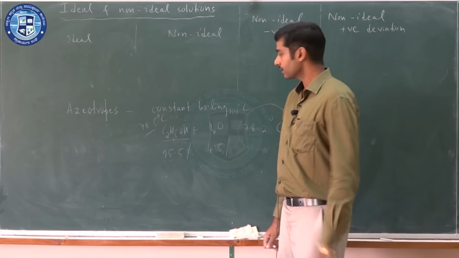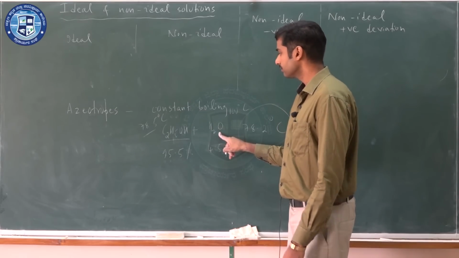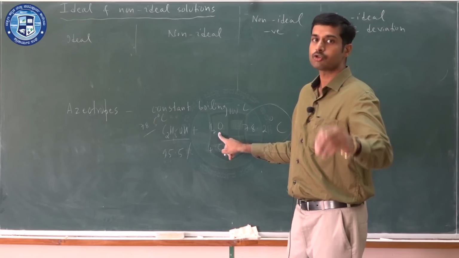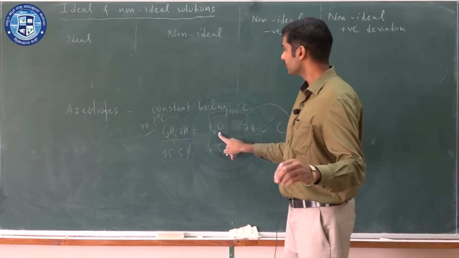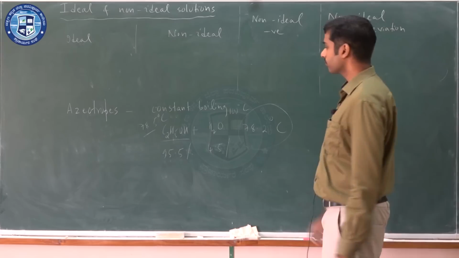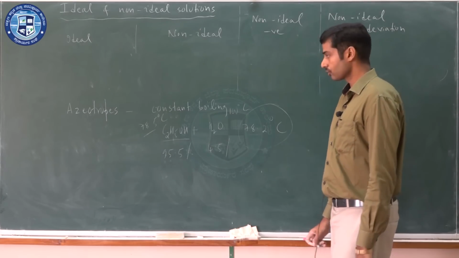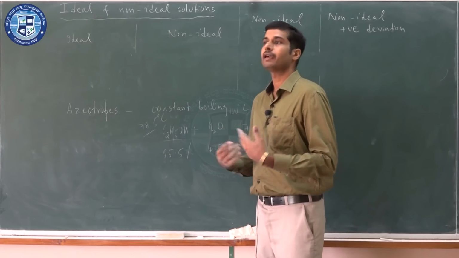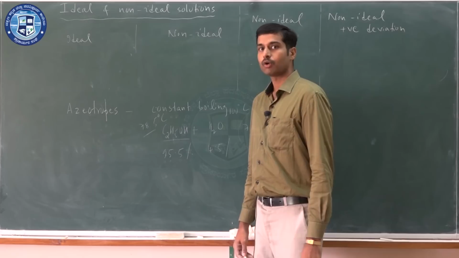The second aspect is this mixture is one which does not obey Raoult's law, and it shows positive deviation from Raoult's law. In ethyl alcohol molecules there is hydrogen bonding. I add water molecules.